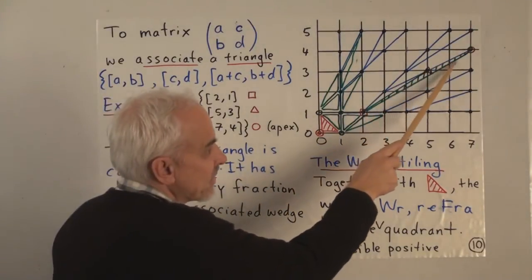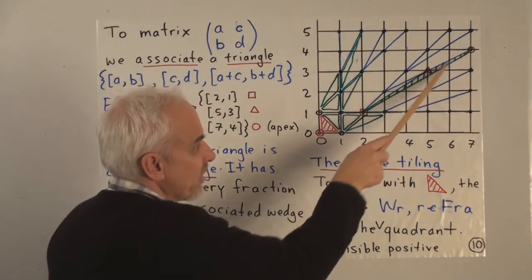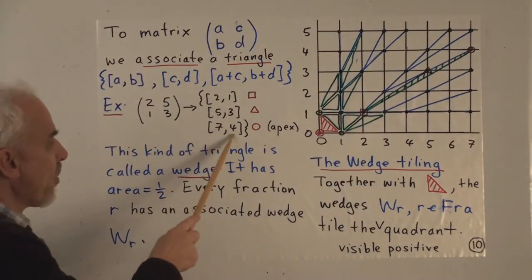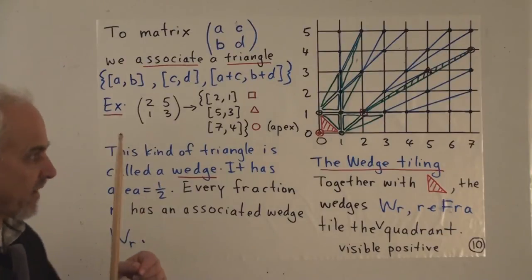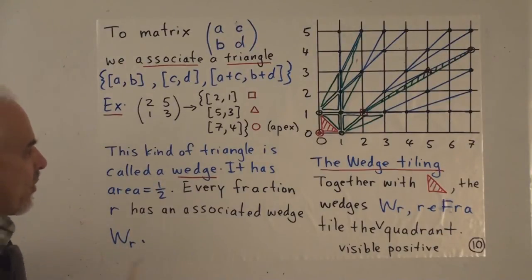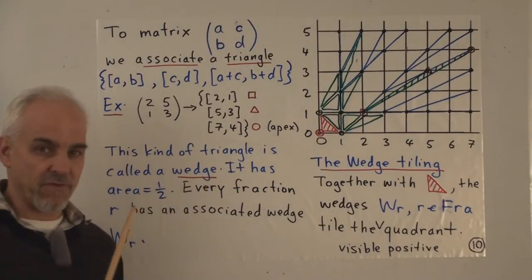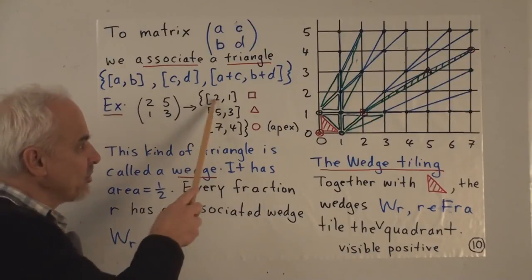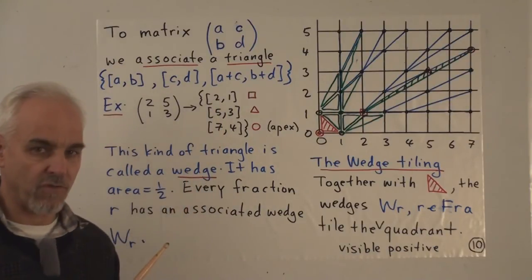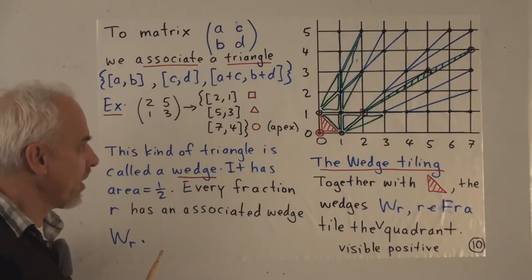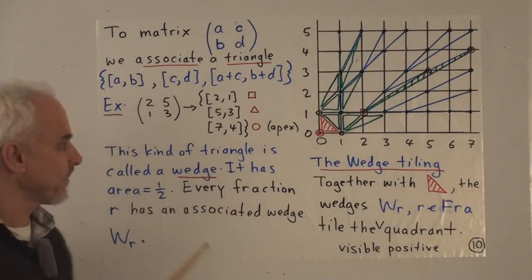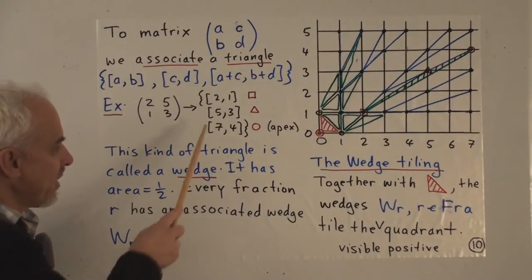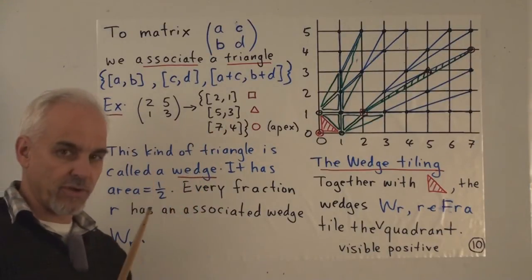These two happen to be connected by a bond in the Stern-Brocot tree, telling us that 7, 4 is the direct child of 5, 3. We might call 5, 3 the mother of 7, 4, and we might call 2, 1 the father of 7, 4, the father being older or higher up in the tree. The mother has exactly two children.